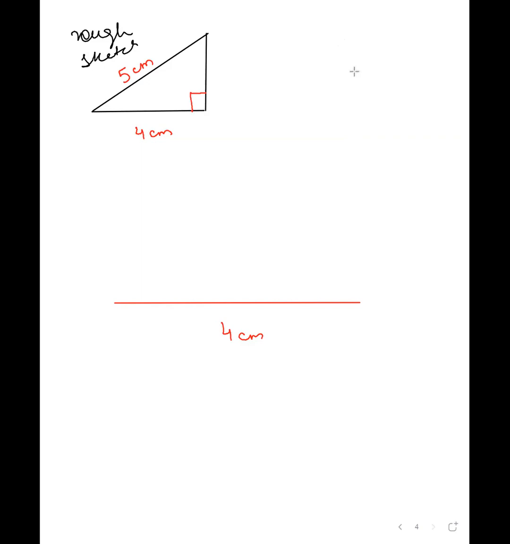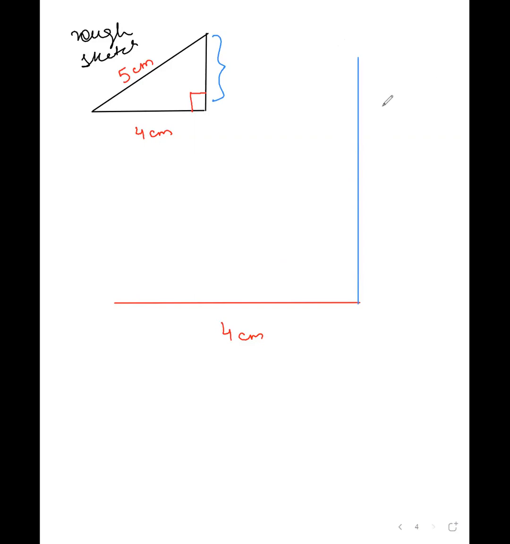We don't know how long this is going to be, because we don't know this side. So we don't know whether the triangle will look like this or like this. We'll just draw a long line like this.